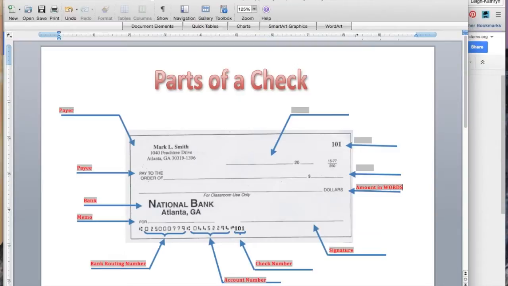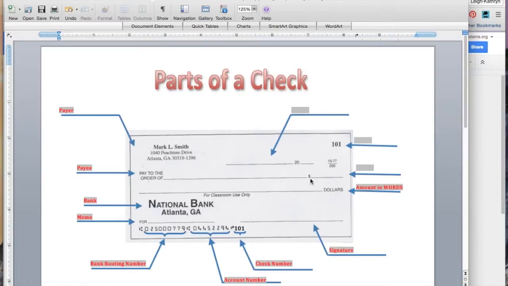So if it's $10, we would write ten, T-E-N, and no cents, or 10 and 75 cents. Or the other acceptable way of writing it is 75 over 100, 75 cents out of $1. So this is the amount of the check in words.